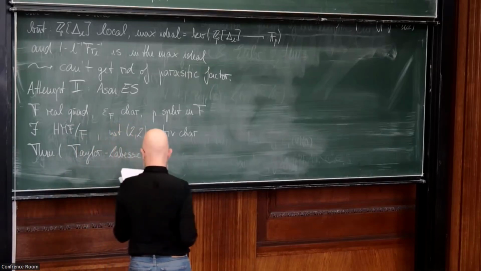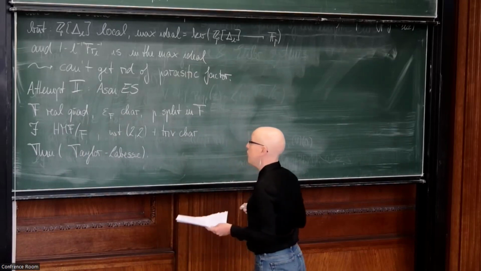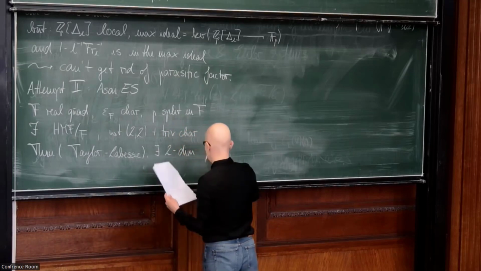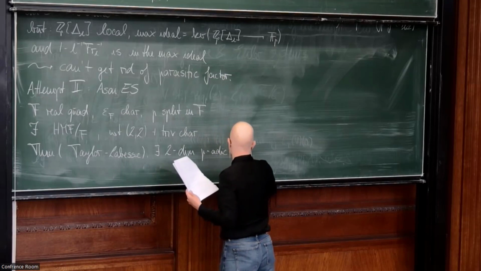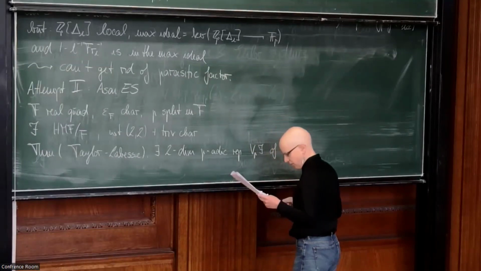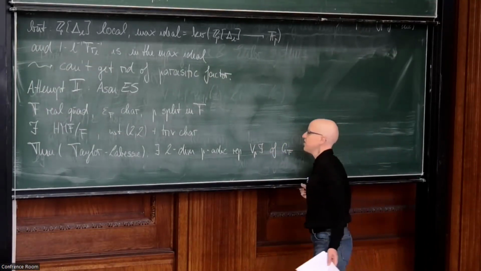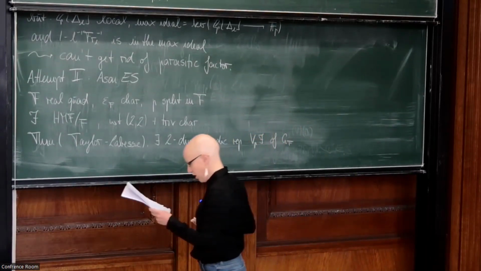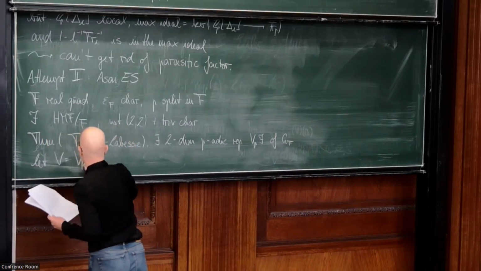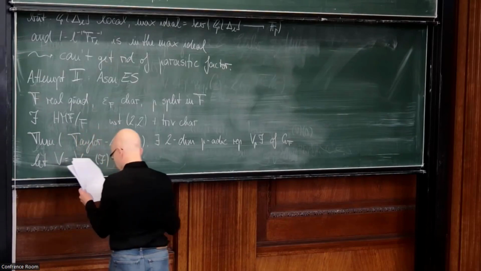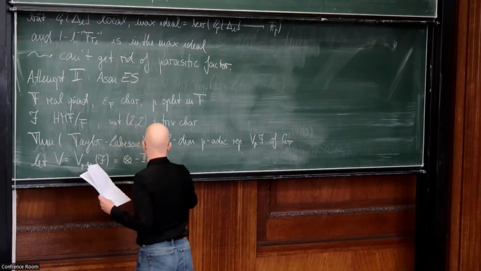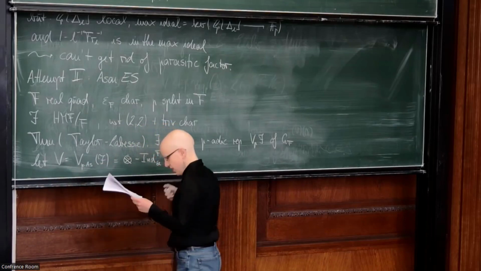Namely, there exists a two-dimensional p-adic representation attached to the Hilbert modular form, which I will call V_p(F), of the absolute Galois group of F. We now look at the tensor induction of this representation to Q. We let V be the Asai representation, which is just the tensor induction from F to Q of this representation V_p(F).